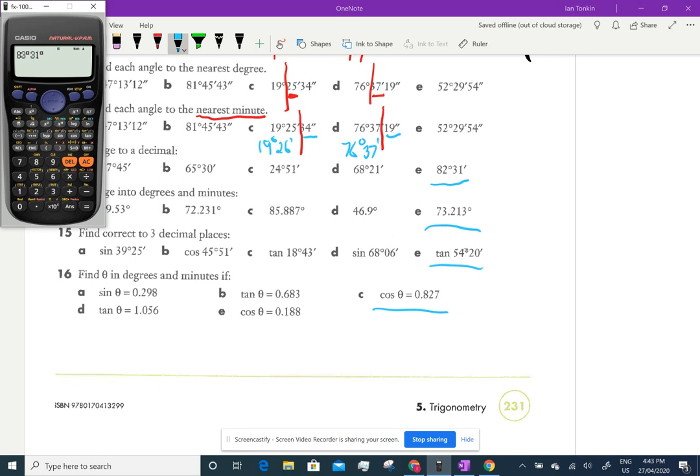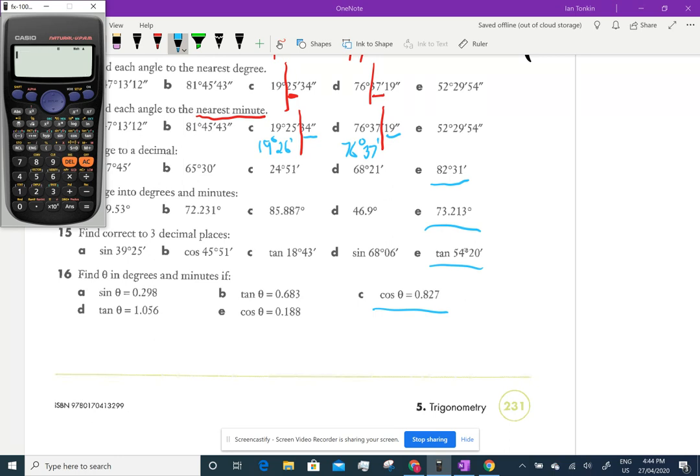We say bubble, but it's the degrees, minutes, seconds button. Don't worry that they've got the same symbol. It writes it in degrees, minutes, and seconds, but if I hit the bubble button again, it'll change it to a decimal. And if I hit it again, it changes it to degrees, minutes, seconds, and so on.